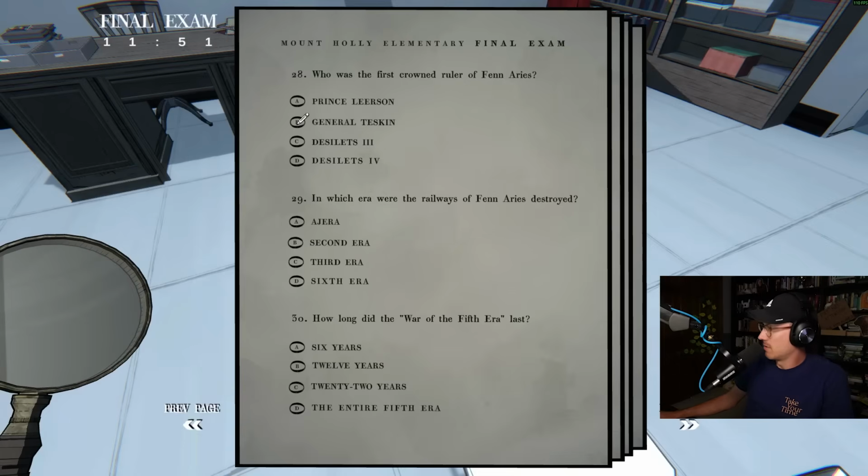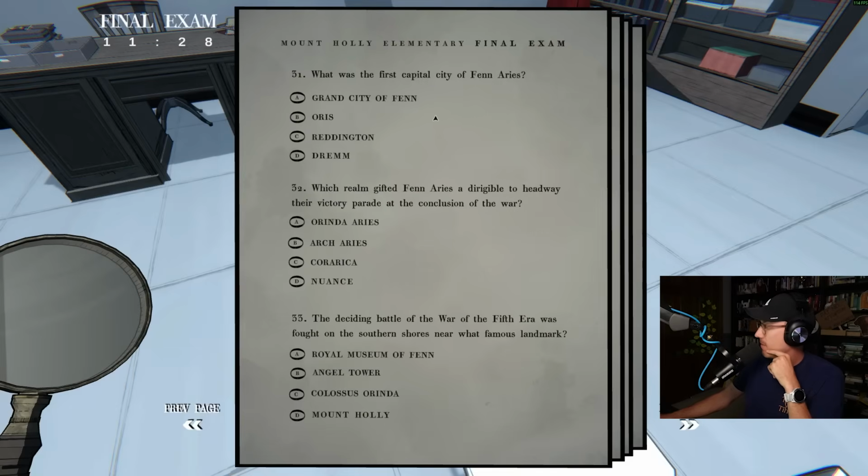I think. In which era were the railways of Finn Ares destroyed? How long did the War of the Fifth Era last? The War of the Fifth Era lasted 22 years.